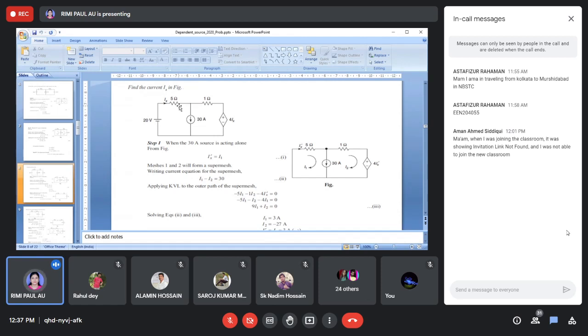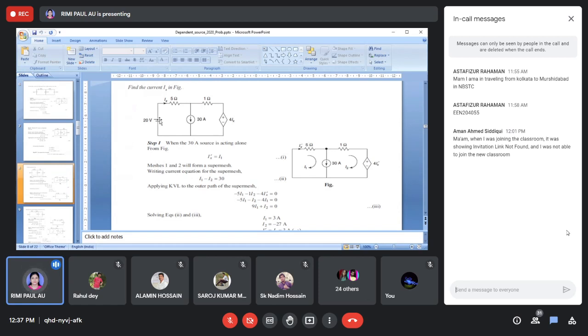This is a super mesh problem again. This source is present right now because it depends on this branch current, and this source is present. If I apply super mesh, you have to follow the same technique step by step. First I will tell you what steps to follow, then how to solve this problem.